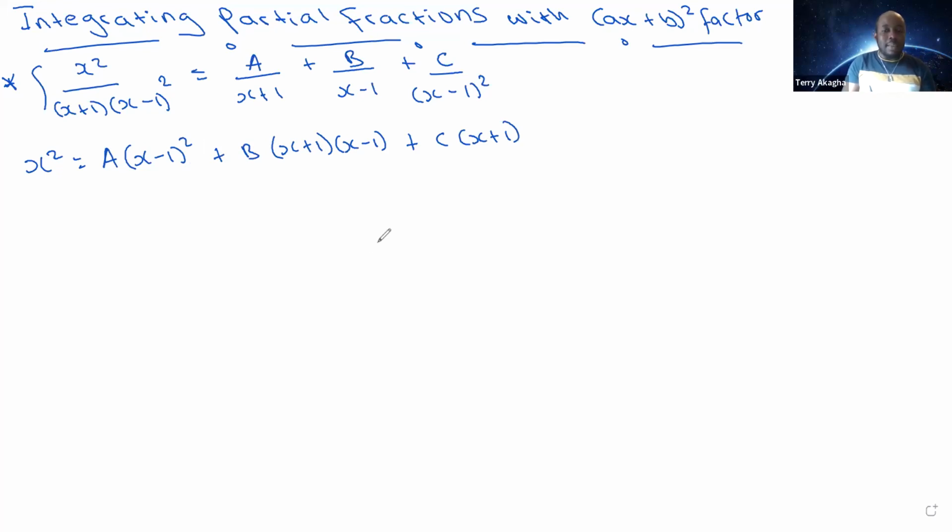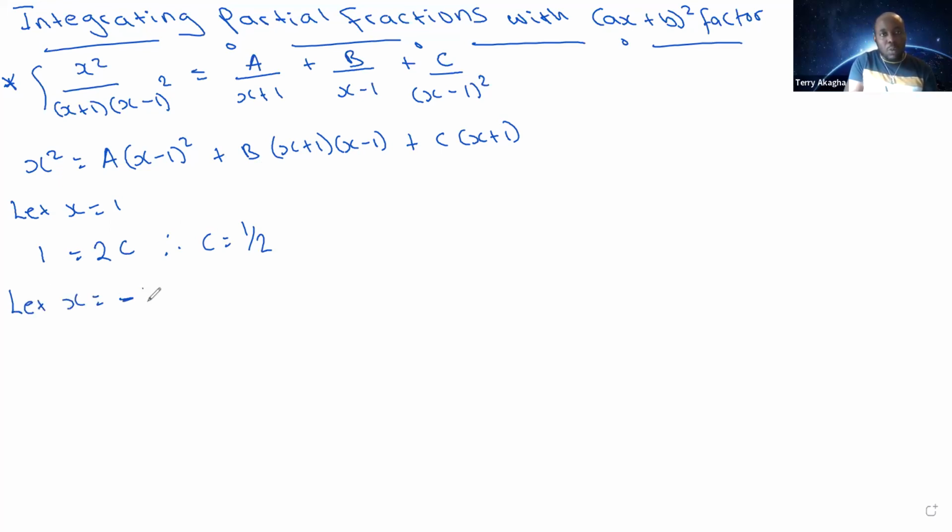So let's start making it easy. Let x be equal to 1 so that this and this will cancel out. So 1 will be equal to, this will cancel out, this will cancel out, and give you 2C. So therefore, C is going to be 1 over 2, okay? Then the next one, let x be equal to minus 1. So this and this will cancel out.